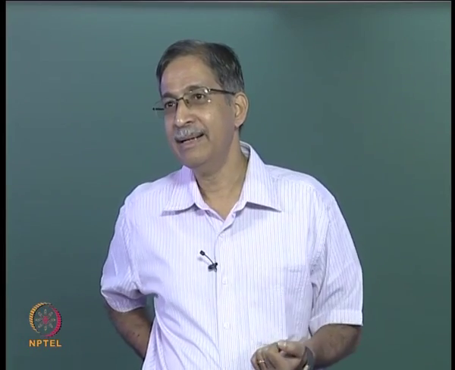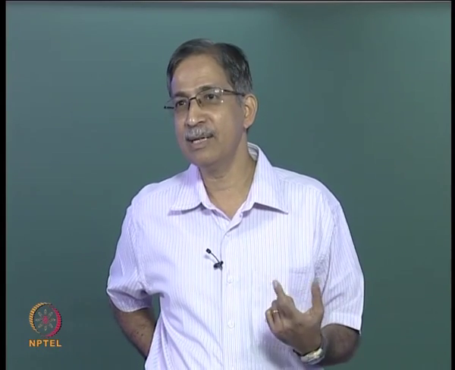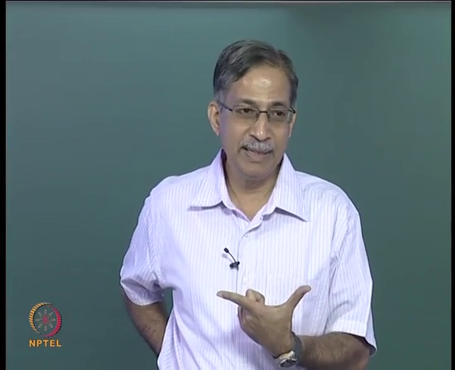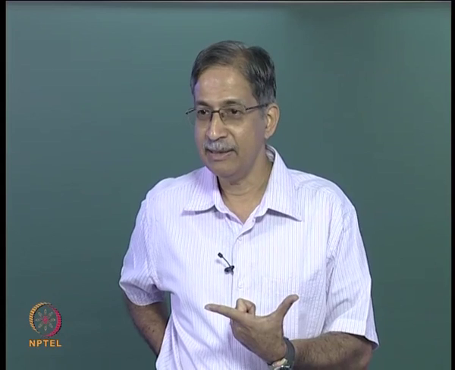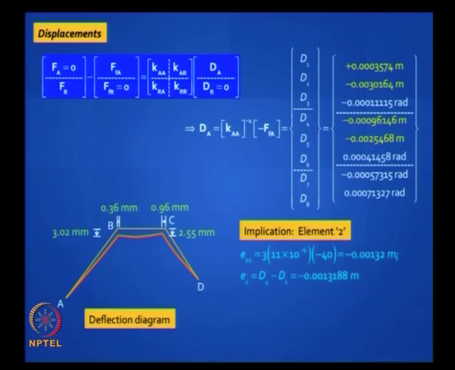Because D4 is a horizontal deflection at C, D1 is a horizontal deflection at B, that must be the elongation in the second element BC. It turns out to be very, very close to e02, right?